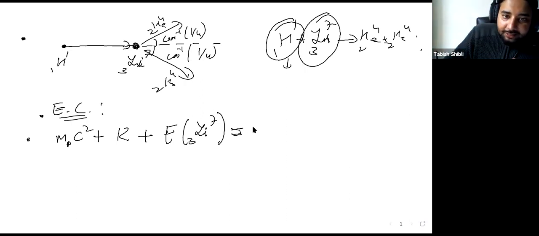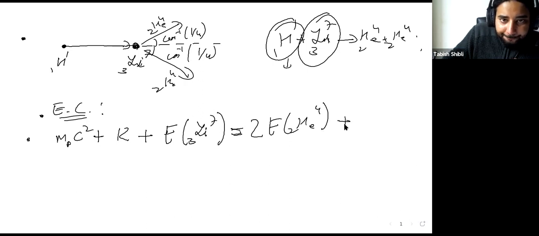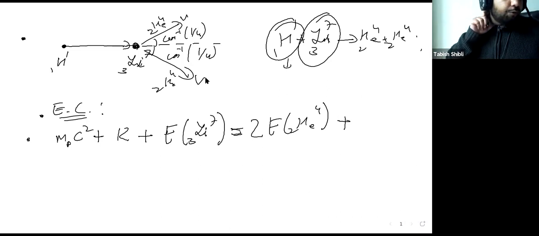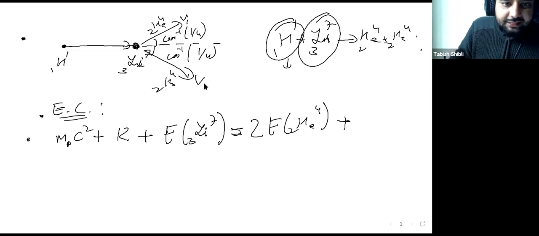What about the right hand side? Well, you have twice the energy of the helium, obviously 2 4, plus there is some kinetic energy that they are moving with. Let's not say that they're moving at the same velocity. Let's say they're moving at different velocities, v1 and v2. So what's the kinetic energy?